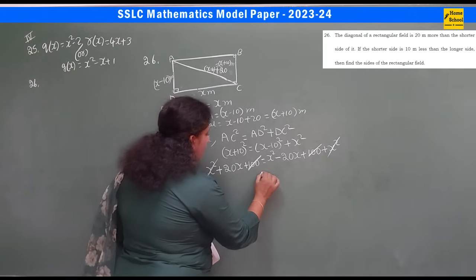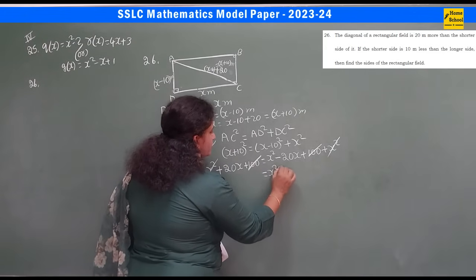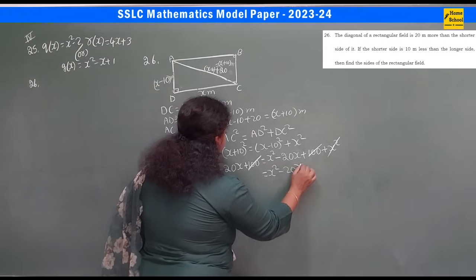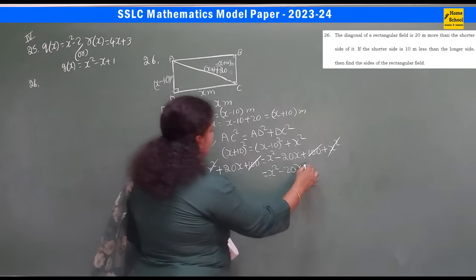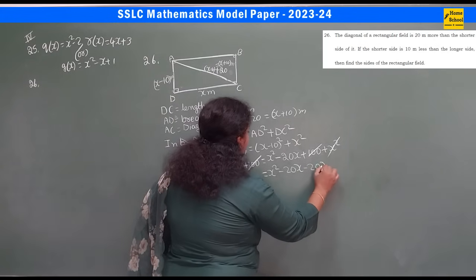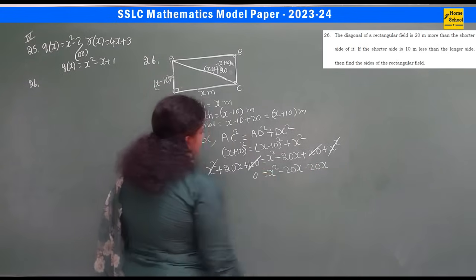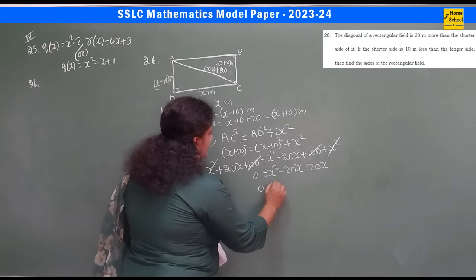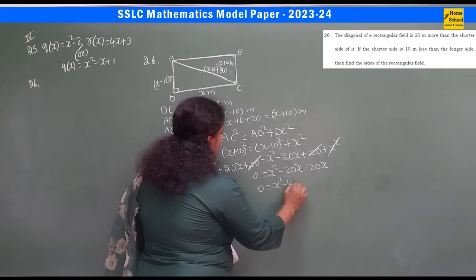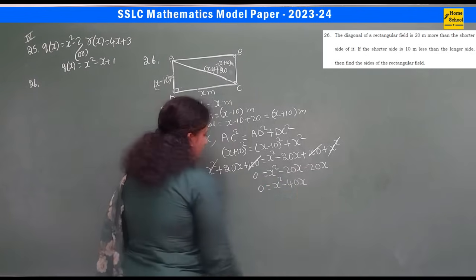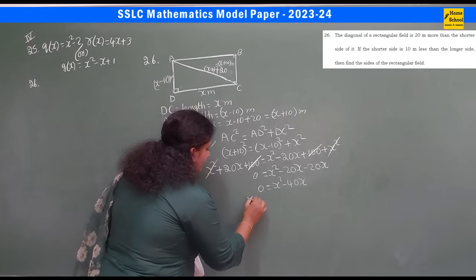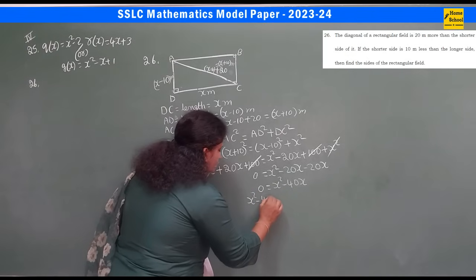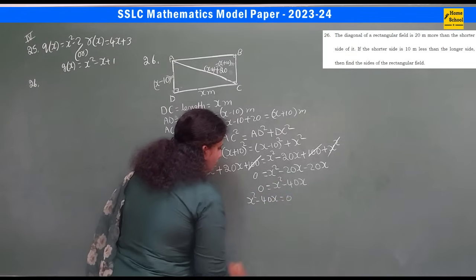Now x square is positive, so bring that term also this side, that is plus 20x this side. Minus 20x is equal to 0. That is x square minus 40x is equal to 0. Rewrite here x square minus 40x is equal to 0.